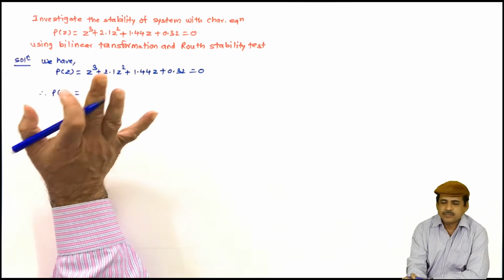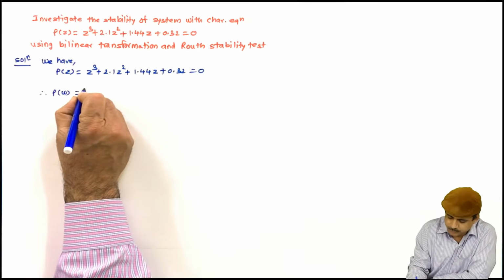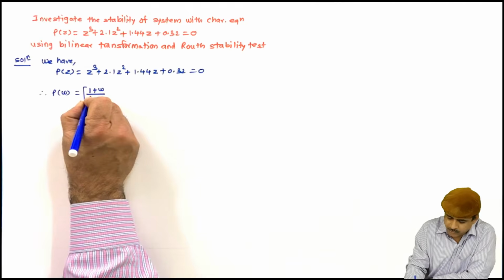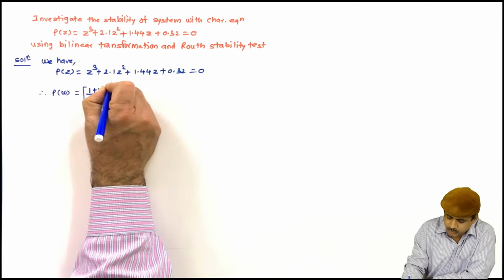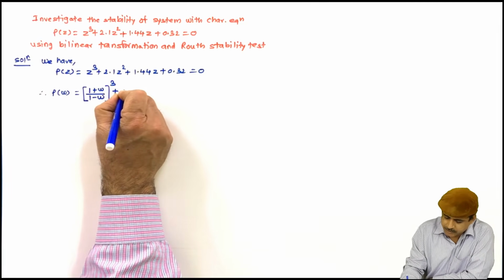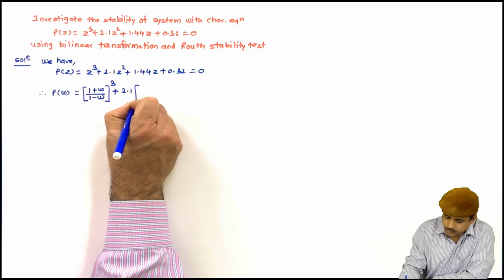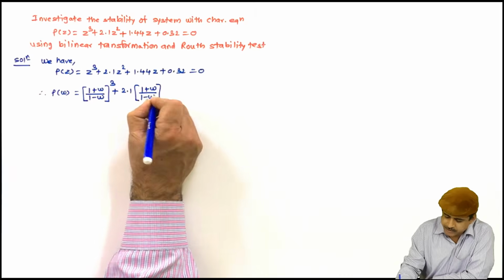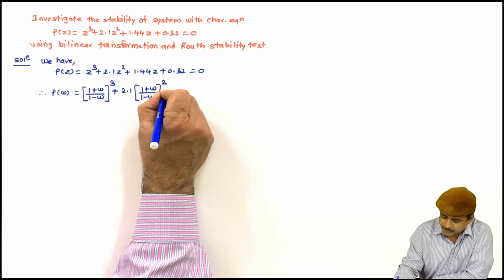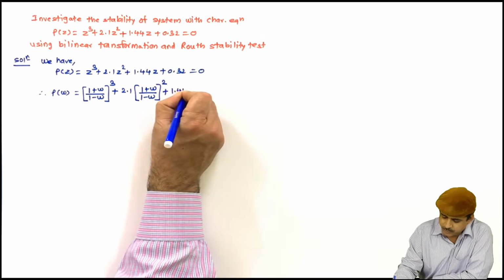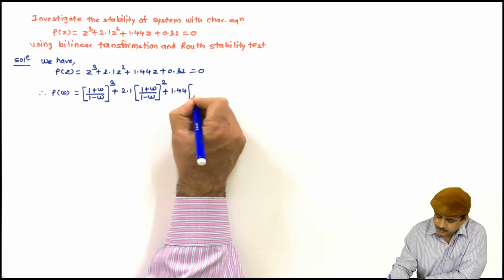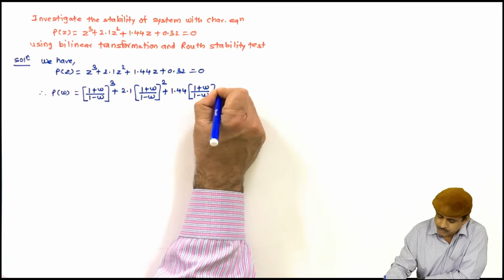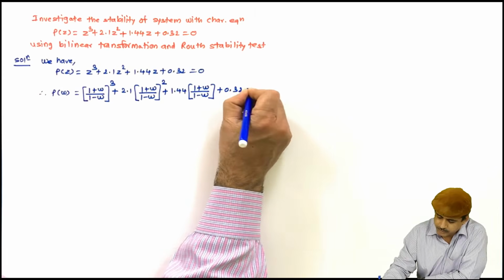Replace every Z with 1 plus W upon 1 minus W. So it will be 1 plus W upon 1 minus W whole cube plus 2.1 into 1 plus W upon 1 minus W, this is the equivalent for Z, so square, plus 1.44 into 1 plus W upon 1 minus W plus 0.32 equal to 0.